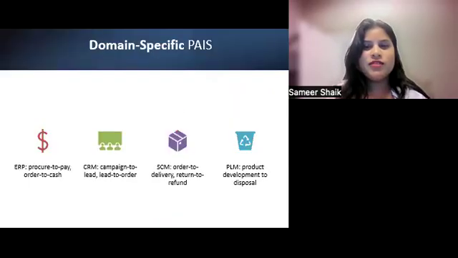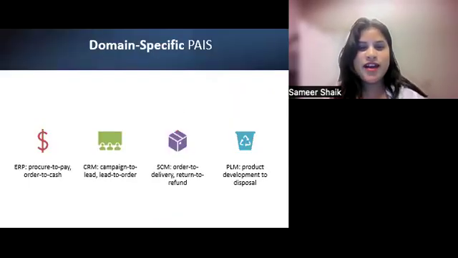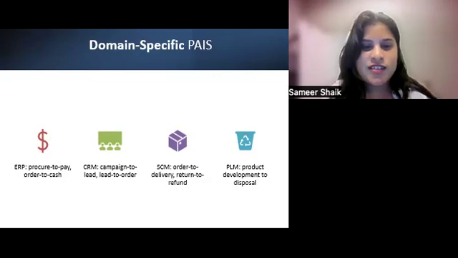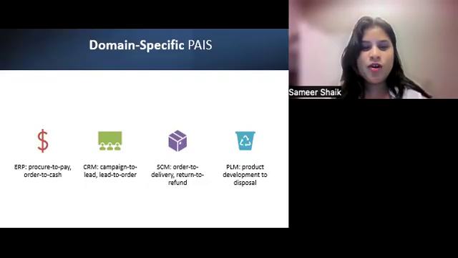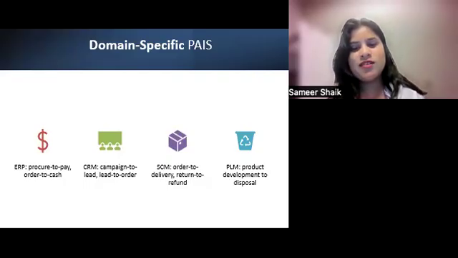And then here we can see the domain specific PAISs. They are tailored to particular business areas. For example, an ERP system such as SAP or Oracle Financials comes with built-in workflows for procure to pay and order to cash. You configure parameters, but the core process logic is already there.